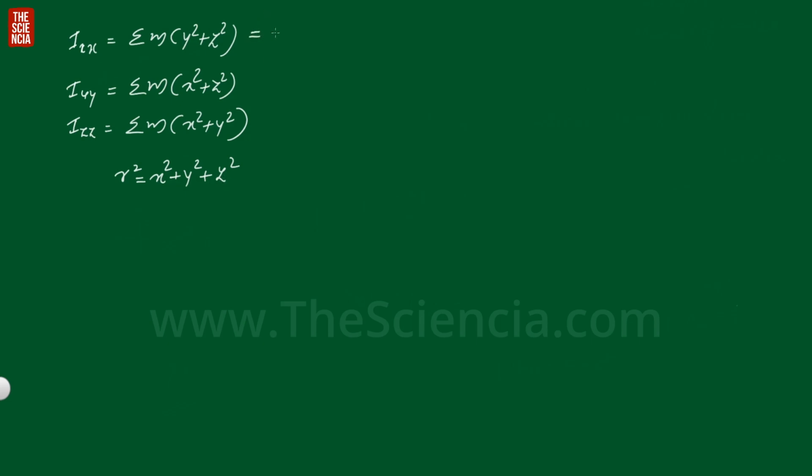So I am going to rewrite this as summation m r square minus x square, this as summation m r square minus y square, and this as summation m r square minus z square, right?